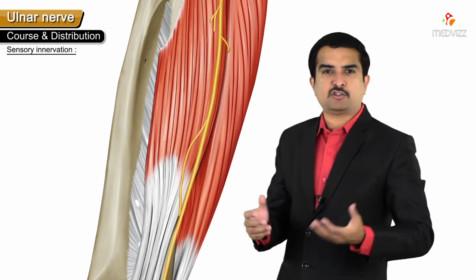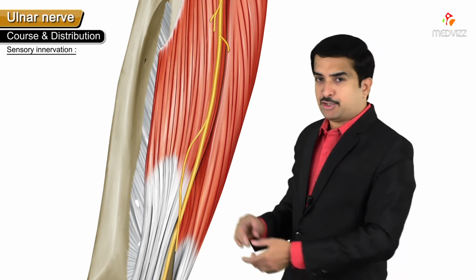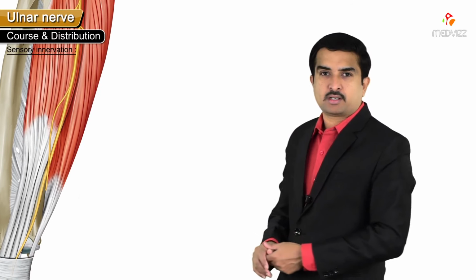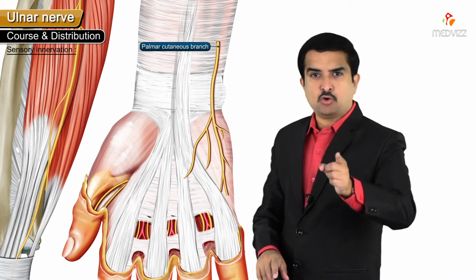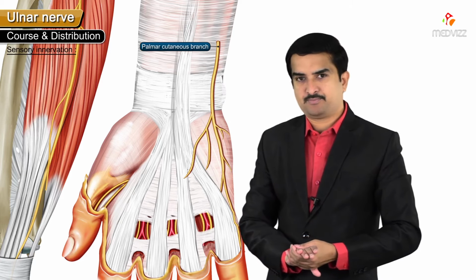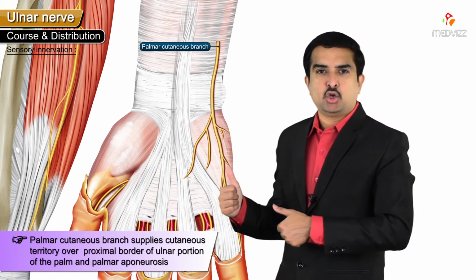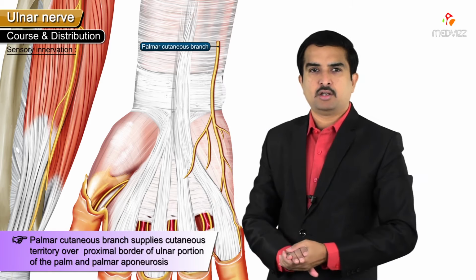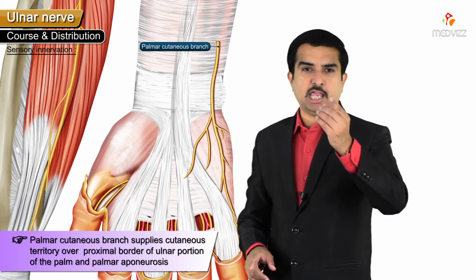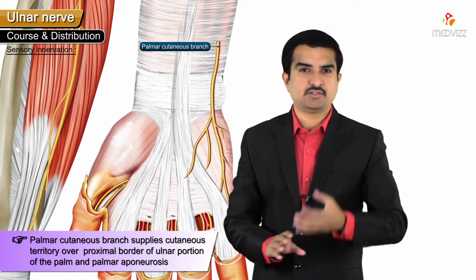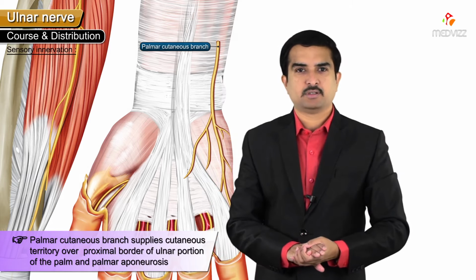It runs distally over the volar aspect of the forearm and the wrist without passing through Guyon's canal, and it supplies the cutaneous territory over the proximal border of the ulnar portion of the palm, and also supplies the palmar aponeurosis. This is the distribution of the palmar cutaneous branch of the ulnar nerve.